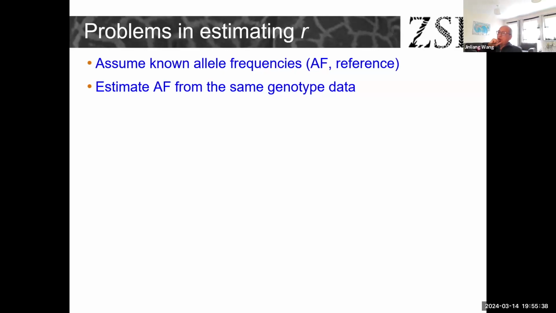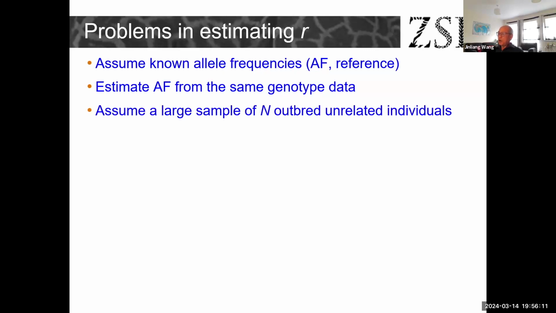We assume allele frequency is available, but we actually calculate allele frequencies from the sample, assuming individuals are not inbred and are not related. And from the estimated allele frequencies, which are assumed correct without errors, we calculate relatedness. So there is a circularity here, which leads to quite a few problems. I will clarify that later on.